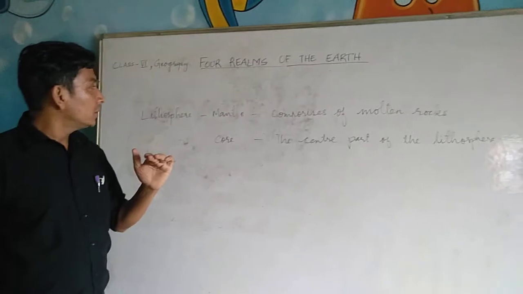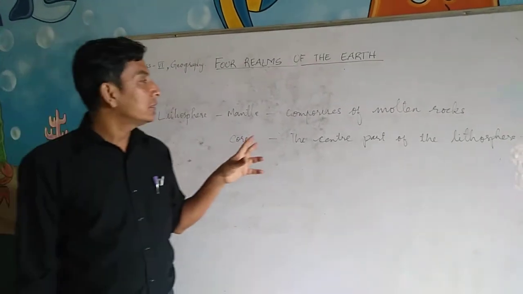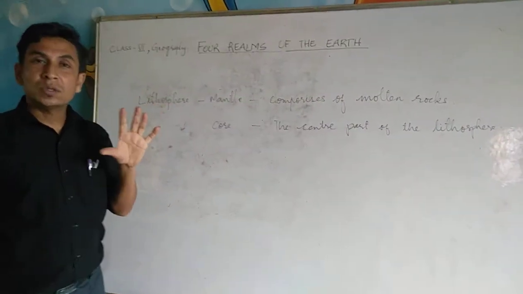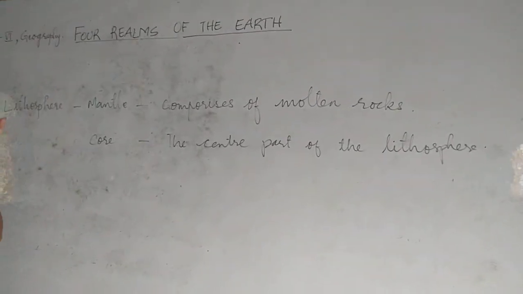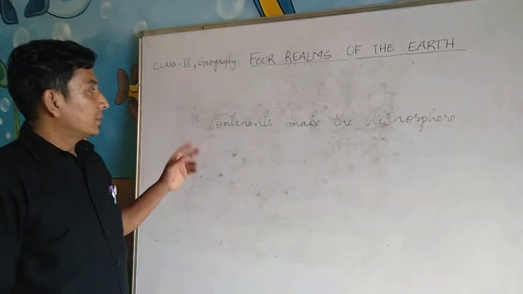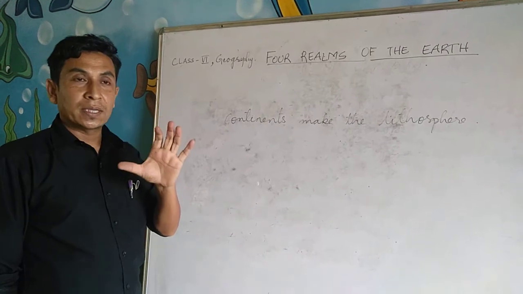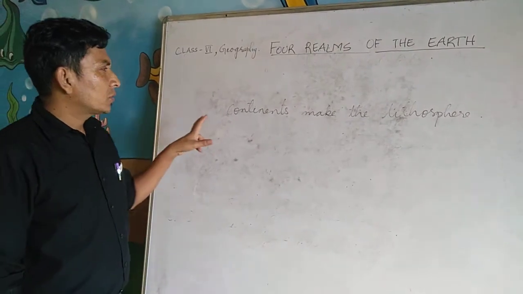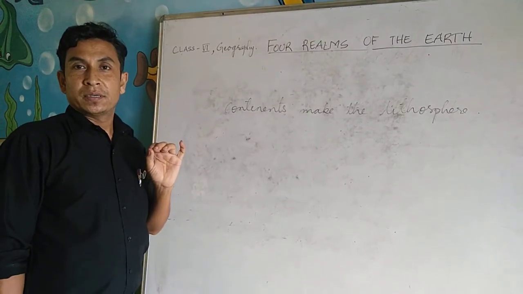Now just below the mantle we have core, which is present at the center of the lithosphere, and the core is the hottest layer of the lithosphere. Alright. The solid part of the earth is known as the lithosphere. That's where all the continents are, part of the lithosphere.